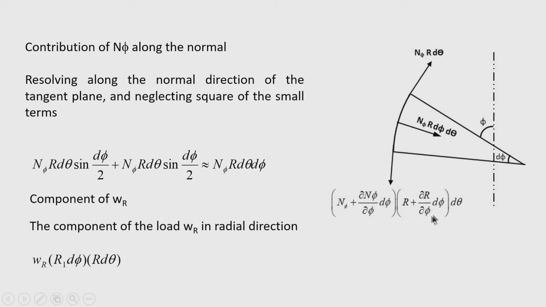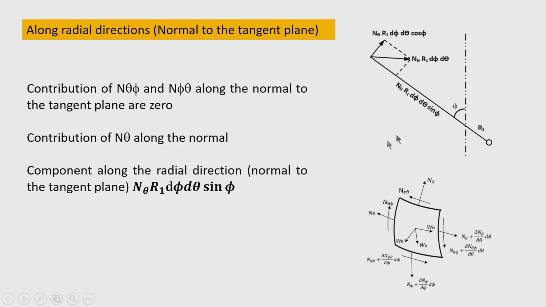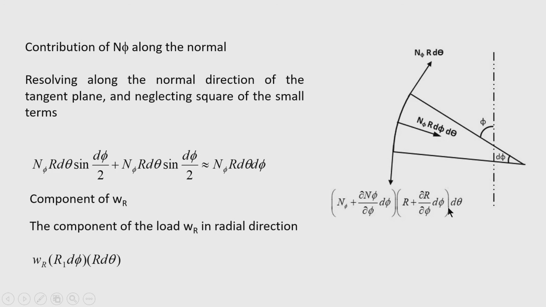So, this variation is taken, and the small angle with respect to your center at the parallel circle is d theta, so it is multiplied with d theta. So, the arc length here is r plus del r by del phi into d phi into d theta, but here the arc length is r d theta, because r is changing from here to here with respect to phi, and this change is reflected here.